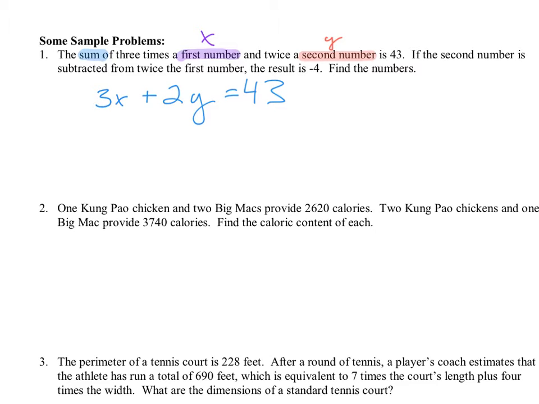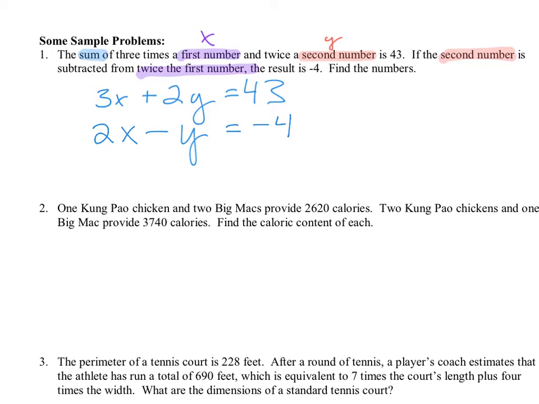If the second number, which is our y, is subtracted from twice the first number, so that's 2 times x, the result is -4.